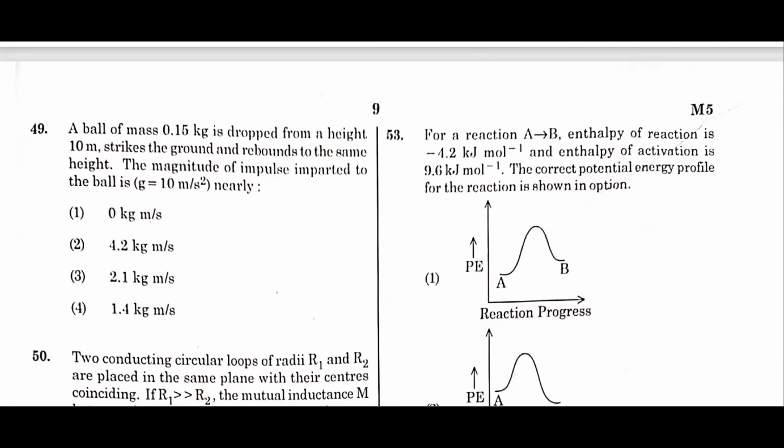They have given for a reaction A to B, enthalpy of reaction is minus 4.2 kilojoule. The minus sign indicates that it is an exothermic reaction, and activation energy is given as 9.6. They're asking for the correct potential energy profile for the reaction.